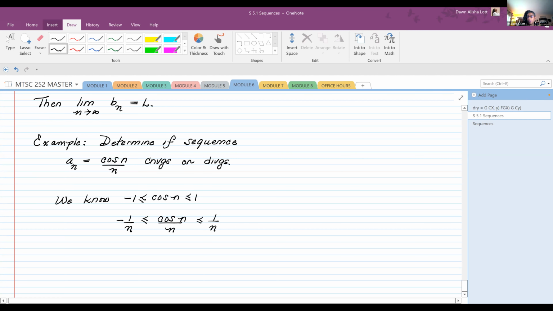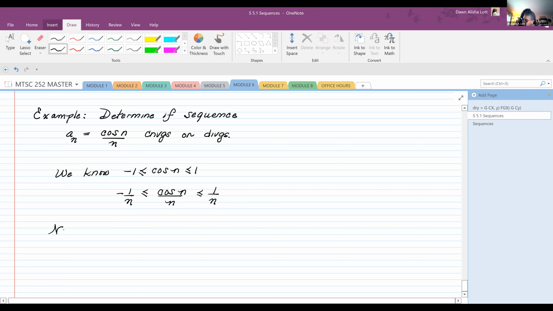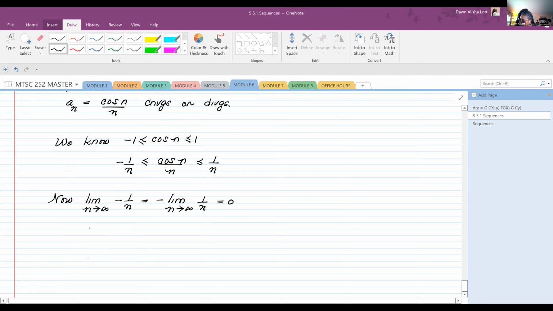Now the limit as n approaches infinity of -1 over n is just minus the limit as n approaches infinity of 1 over n, and that is 0. And then the limit as n approaches infinity of 1 over n, well, that is 0.